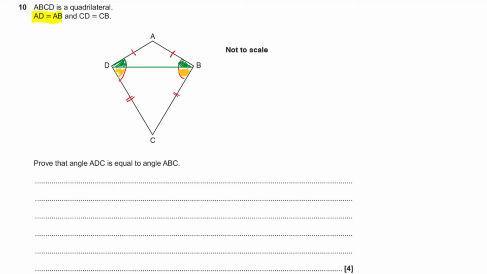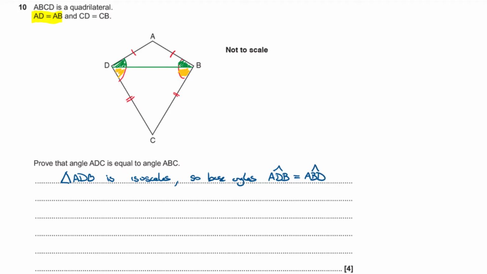So I'm going to say that triangle ADB is isosceles. So base angles ADB are equal to ABD.